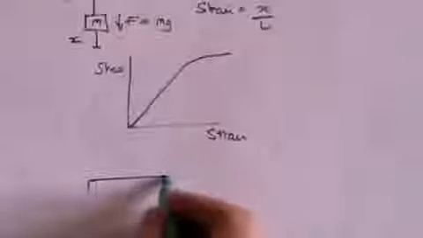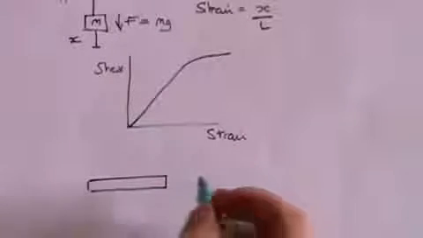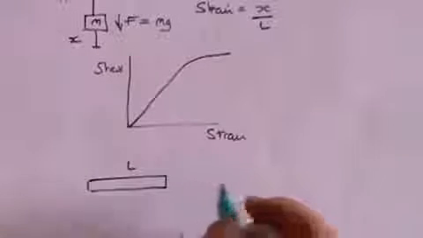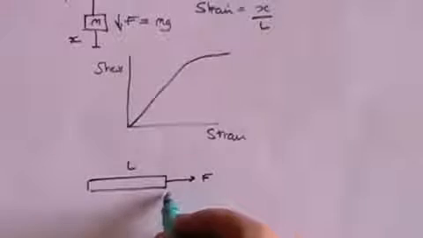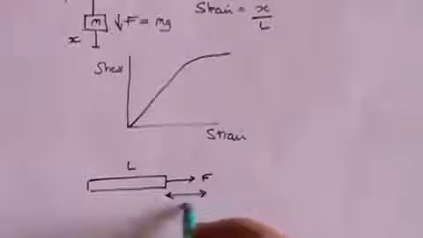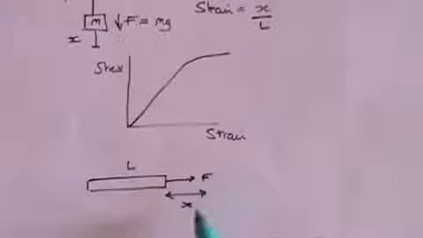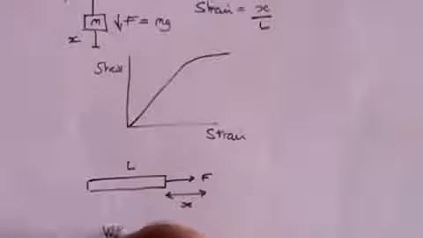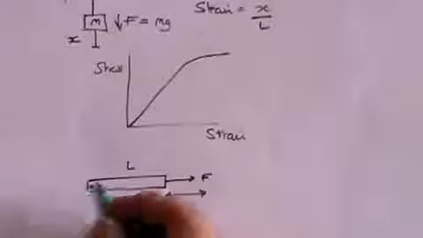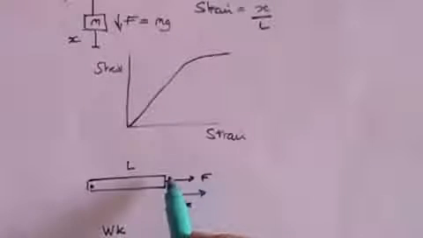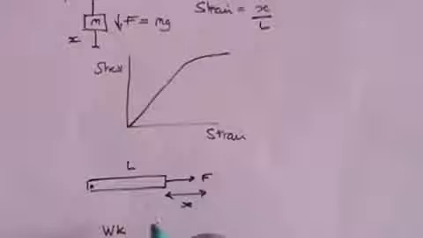Let's take a piece of elastic, it could be a spring, original length L. We apply a force, F, and we get an extension of x. What is the work done to move or to extend this? Remember, that end is fixed, this end is being extended. What is the work?